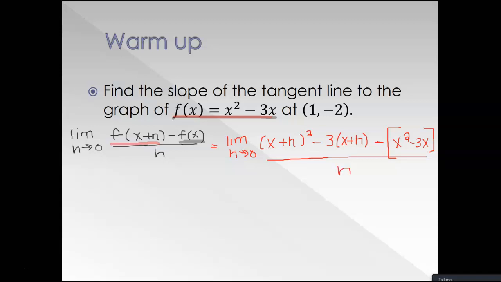And now it's algebra. So you get x squared plus 2xh plus h squared minus 3x minus 3h minus x squared plus 3x all over h.